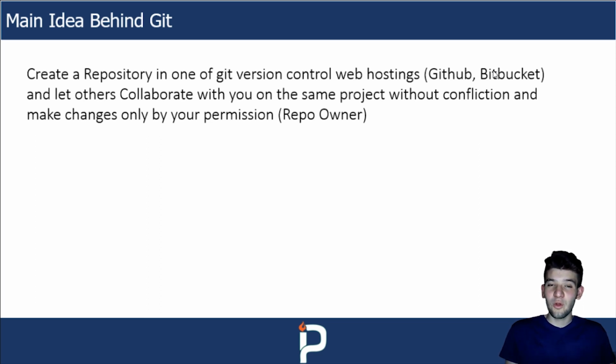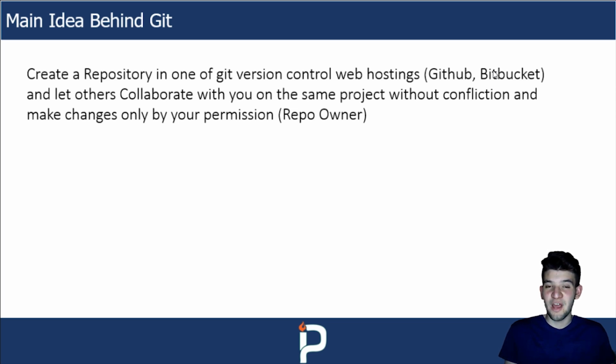GitHub holds a lot of Git repositories, and each repository represents a Git project powered by Git technology. So you need a web hosting like GitHub or Bitbucket. Some of them are free only for open source projects, so you can only upload open source projects for free.